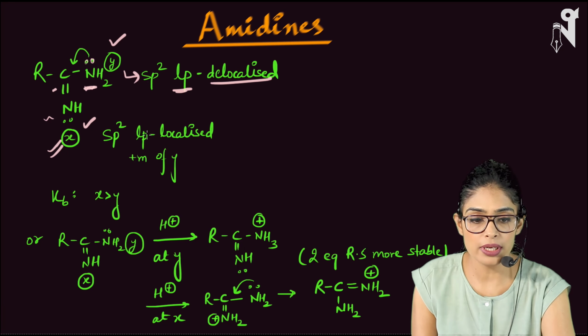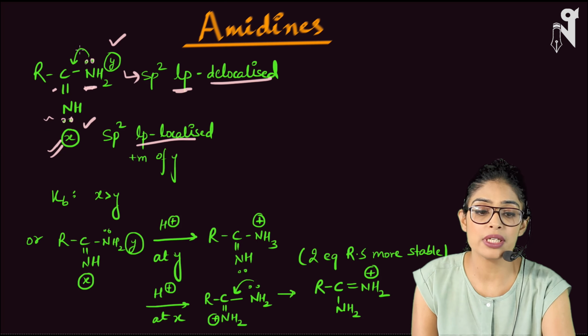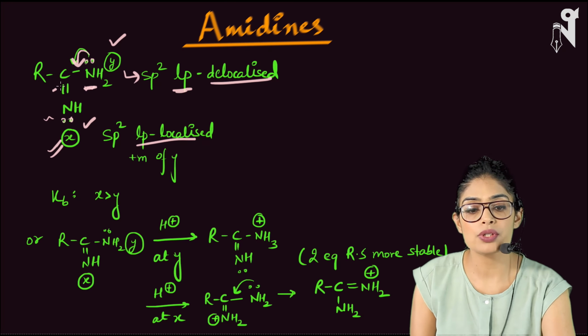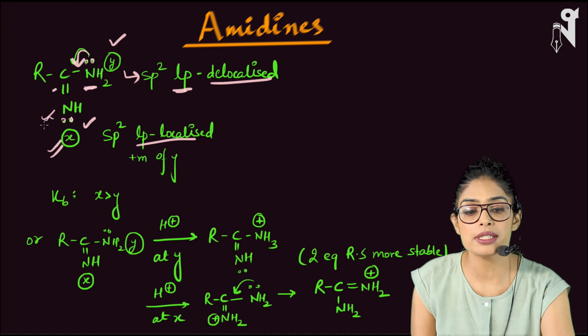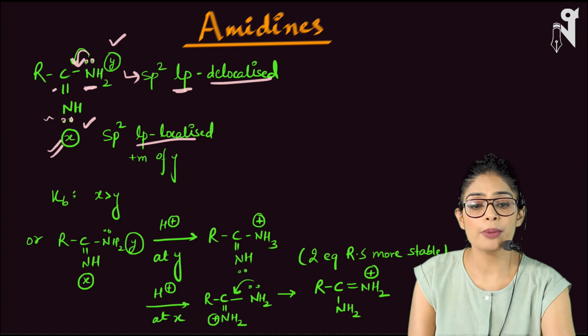Now look at the X nitrogen. This lone pair is localized because it is not in conjugation with anything, and this nitrogen is also experiencing the plus M effect due to this nitrogen. The nitrogen which is present over here, this Y nitrogen, is giving its electron density on the compound through resonance, and hence this nitrogen is experiencing the plus M effect of Y. Right? So we have to understand which is more basic.